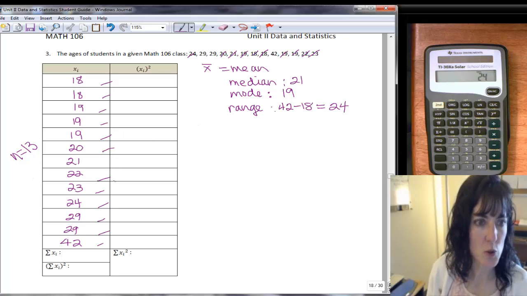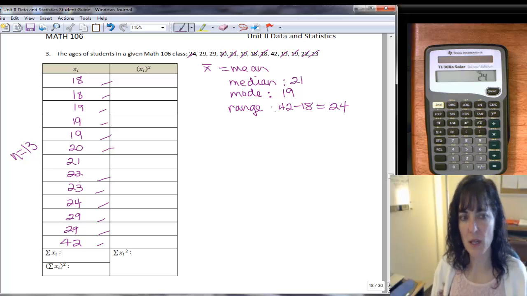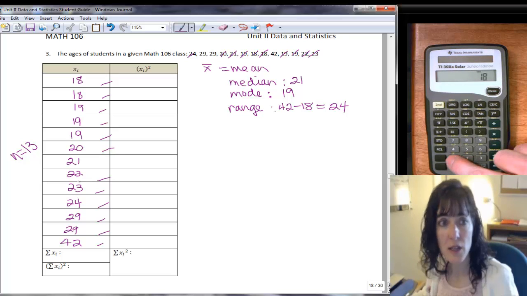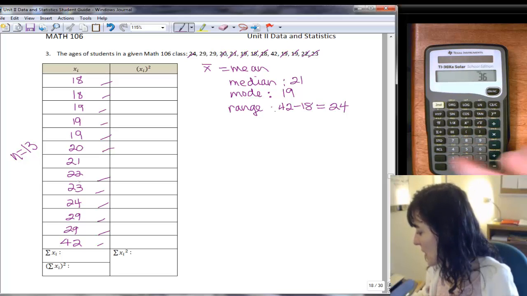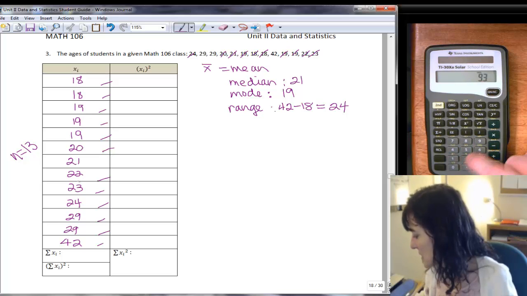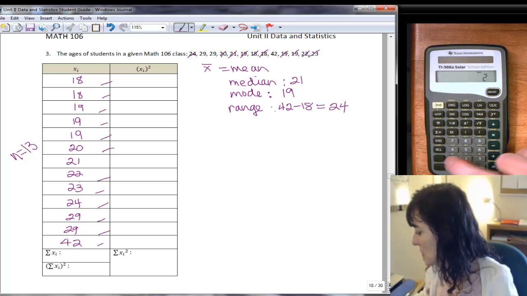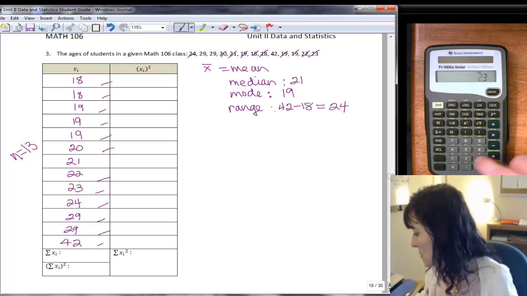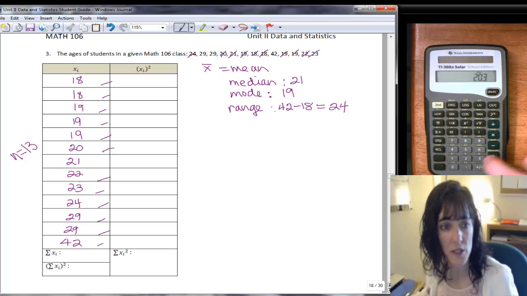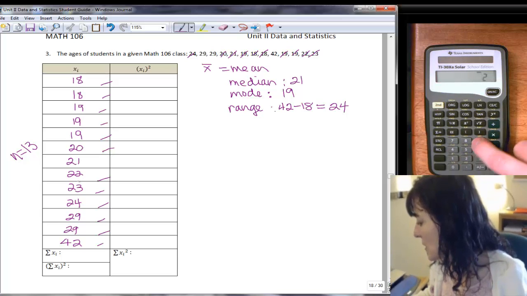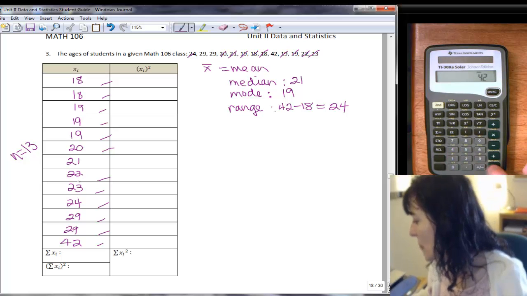So the next thing I need to do is go ahead and add up all those data points. So I have 18 plus there's all my 19s, and then 20 plus 21 plus 22 plus 23 plus 24 plus 29 plus 29 plus 42.